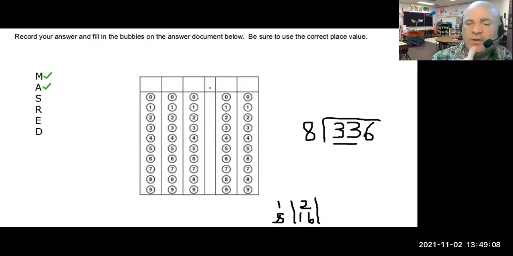Since we haven't gotten there yet, we're going to keep going. 8 times 3, making a little multiplication chart, is 24. Haven't gotten to our number yet. 8 times 4 is 32.